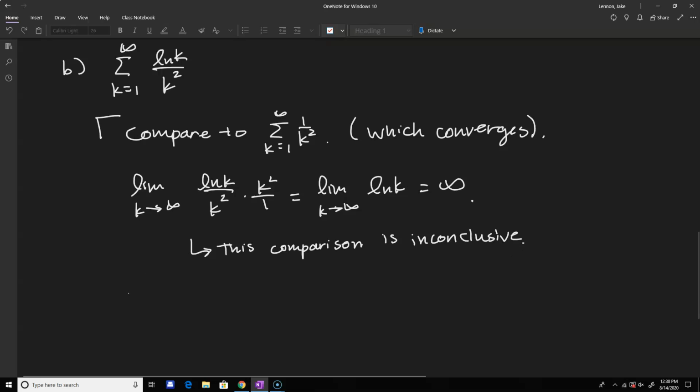So let's compare to the harmonic series, k equals 1 to infinity of 1 over k, and we know this diverges.